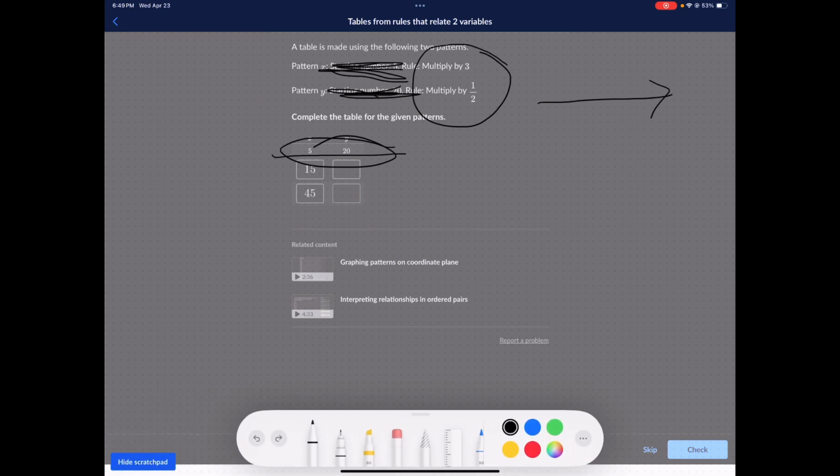So that means 20 times 2. Oh, no. Not multiply. If we're multiplying by a half, we divide by 2. So it's the other way around. If we were dividing by a half, we would be multiplying by 2. So 20 over 2 is 10.